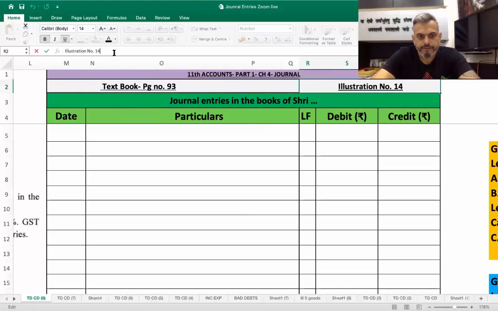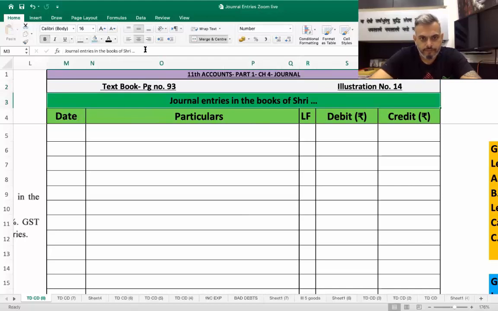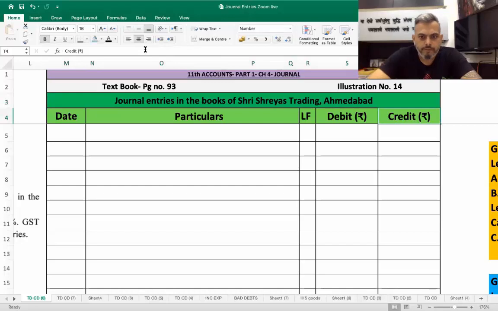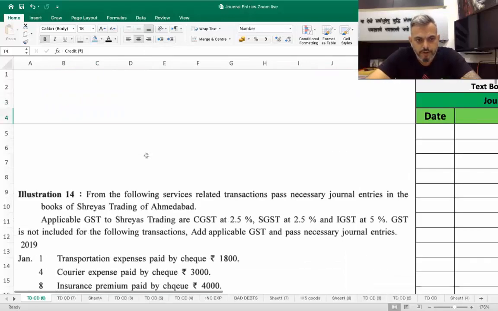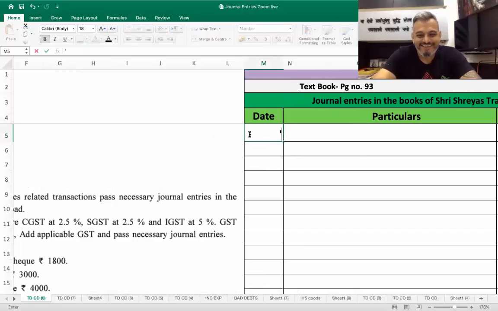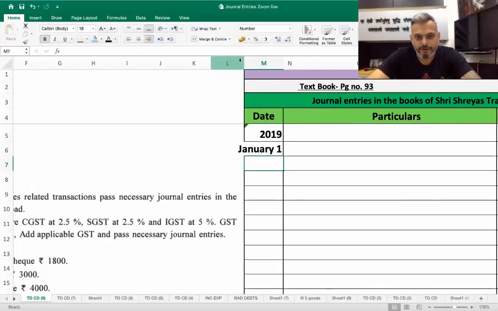Shreyas Trading. Now it is again January 2019. January 1.